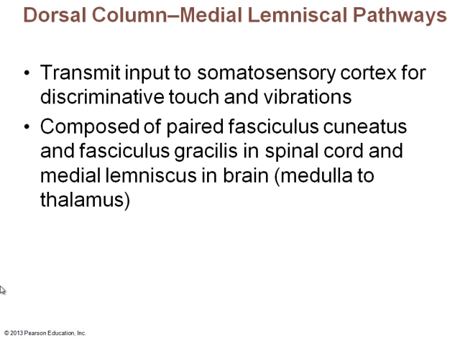I'm not going to get crazy about these guys. Recognize them as ascending pathways. And you don't have to memorize that much more. These guys are coming in, going up.